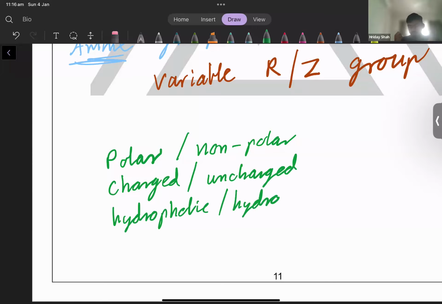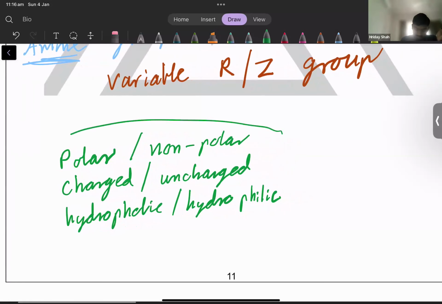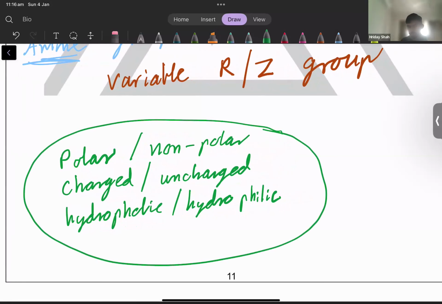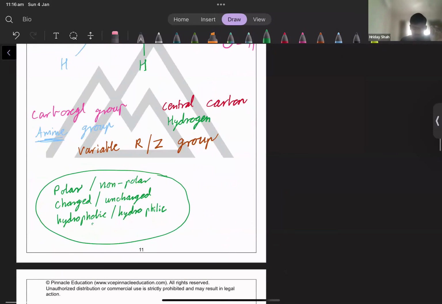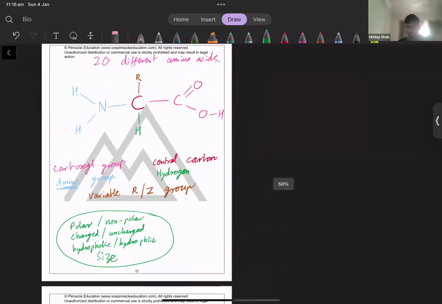Hydro is water, phobic is hate, so water hating, or hydrophilic, philic means love, so water loving, two opposite sides. All amino acids have different properties on these three groups, and that depends purely on their variable R group. Even the size depends on variable R groups. Some can be very, very small, and some can be close to double or triple the size of other amino acids if they have a really, really large variable R group.